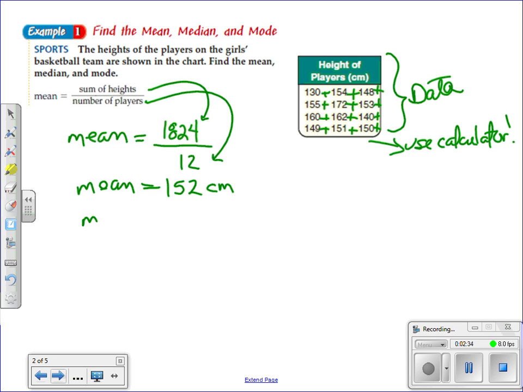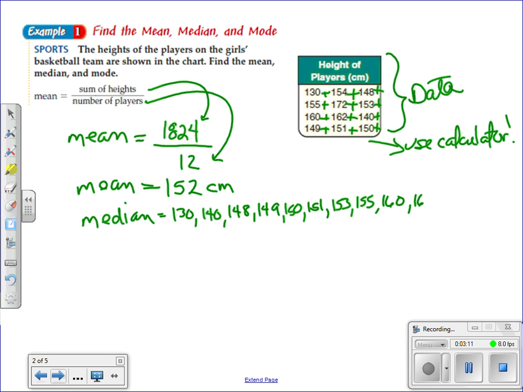To find the median, remember you list all your numbers in numerical order. 130, 140, 148, 149, 150, 155, 160, 162.